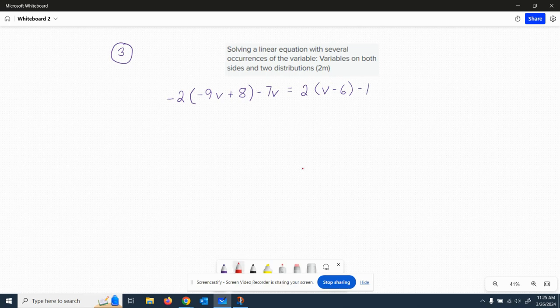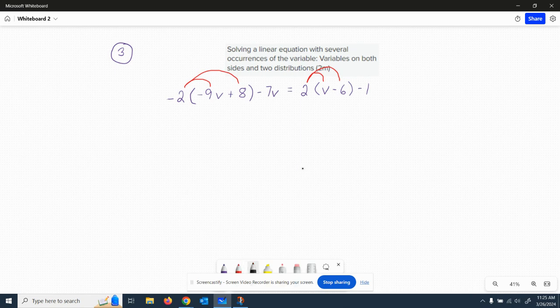If you struggle with the distribution, I'd go ahead and write these on your paper so you make sure you don't miss it. The negative 2 is going to multiply by the negative 9 and the positive 8. And on this side, we get 2 times the v and 2 times negative 6.